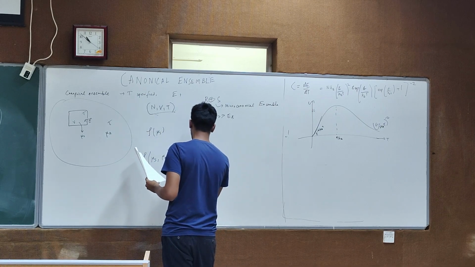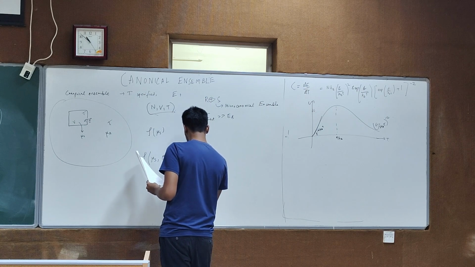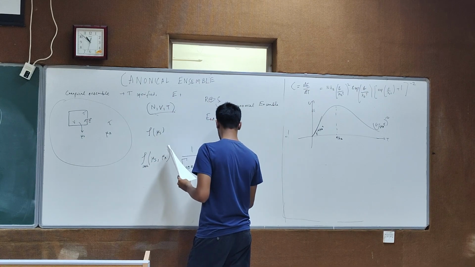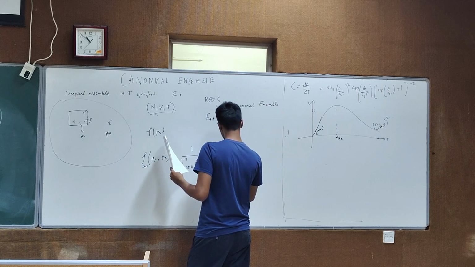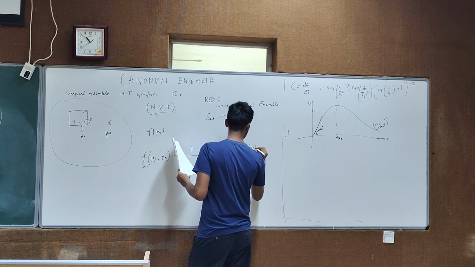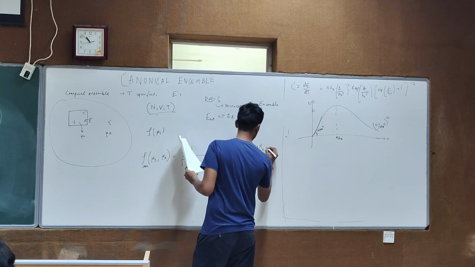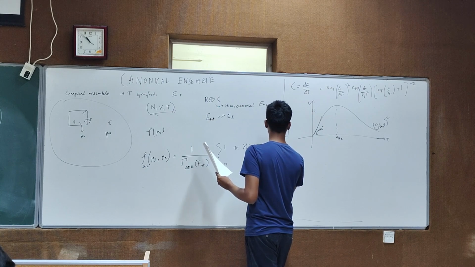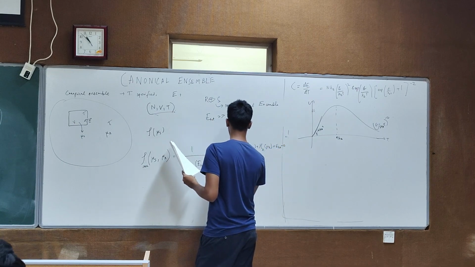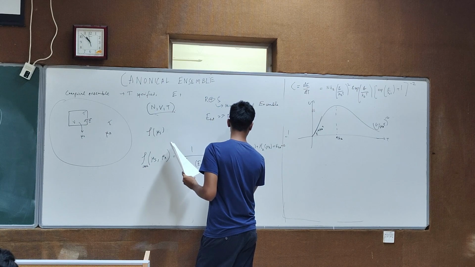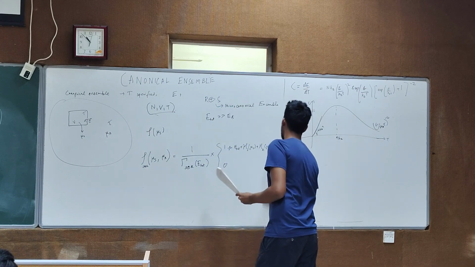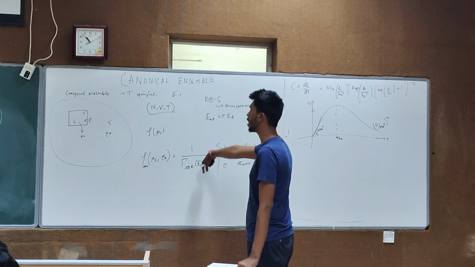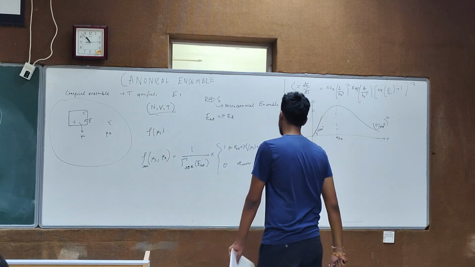And this is given by 1 by gamma of S plus R, the whole system plus reservoir.